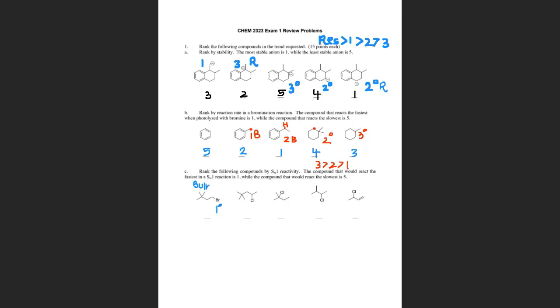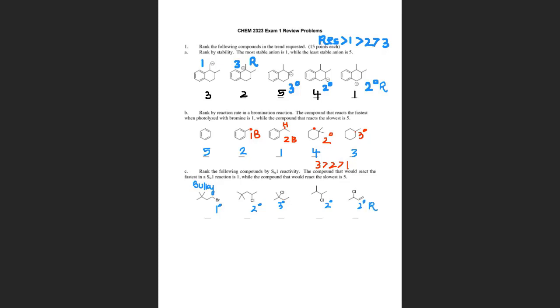All right, bulky. All right, this one is a secondary. This one is a tertiary. The fourth molecule is a secondary. And then the fifth molecule is also a secondary, but it has resonance.